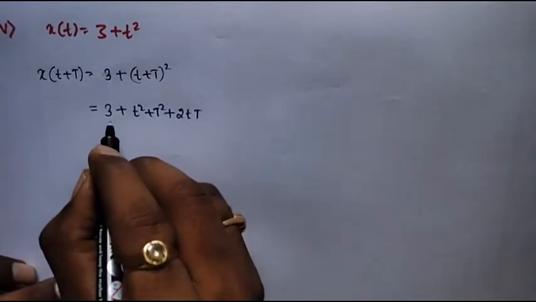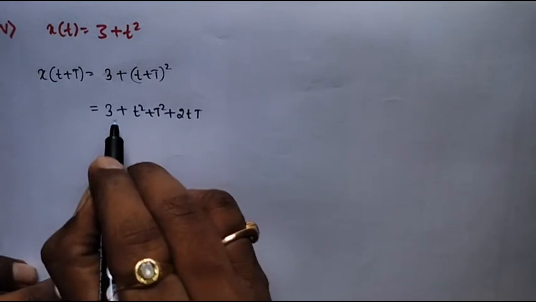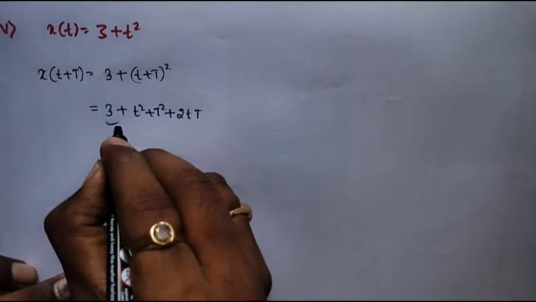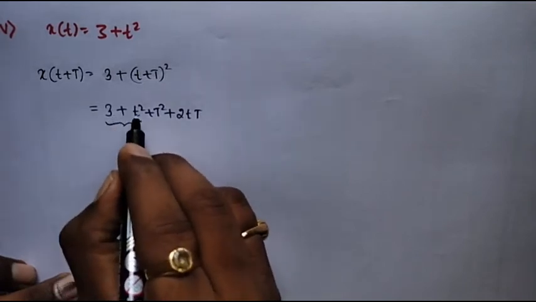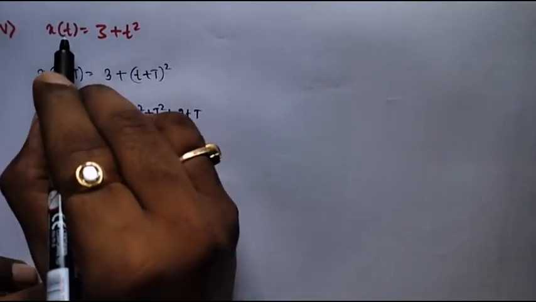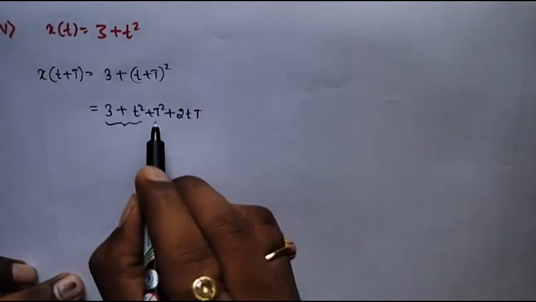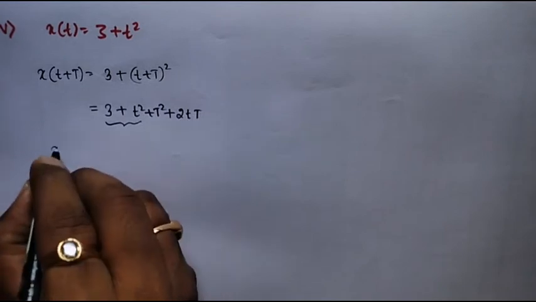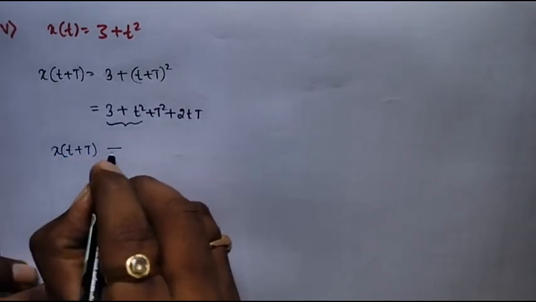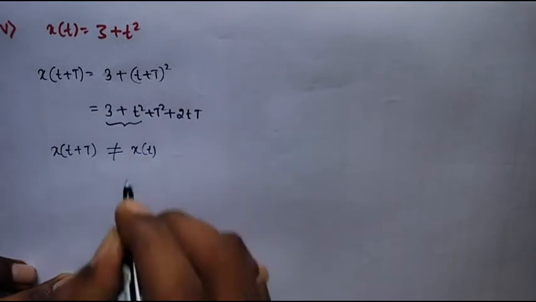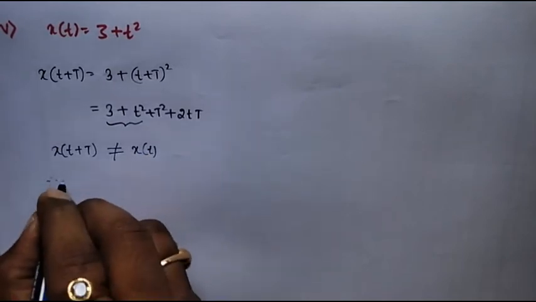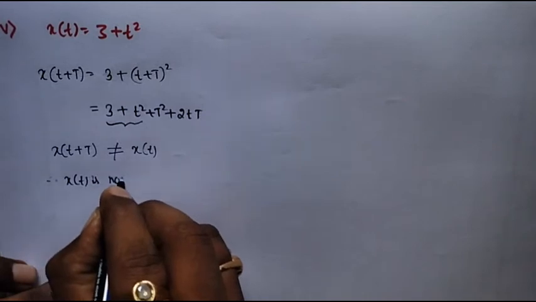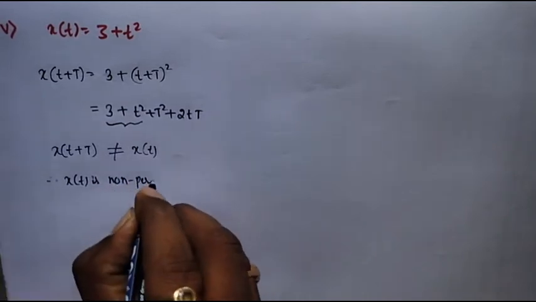So here we can observe x of t plus T is equal to 3 plus t square plus T square plus 2tT. If it is only 3 plus t square, then x of t plus T will be equal to x of t. But here we have two more terms, that is T square plus 2tT. Therefore x of t plus T is not equal to x of t. Therefore x of t is a non-periodic signal.